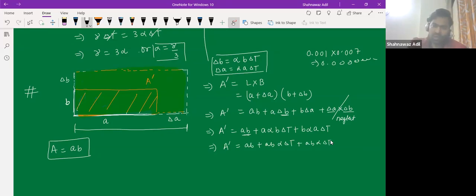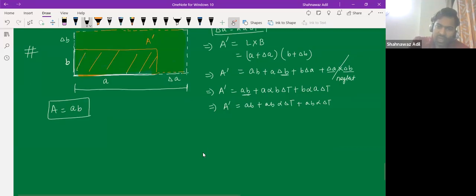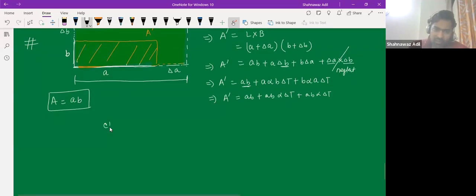So now what we need to calculate? Change in area, which is delta A, which is the new area minus the old area. So this was the old area, and now it has become a bigger area.